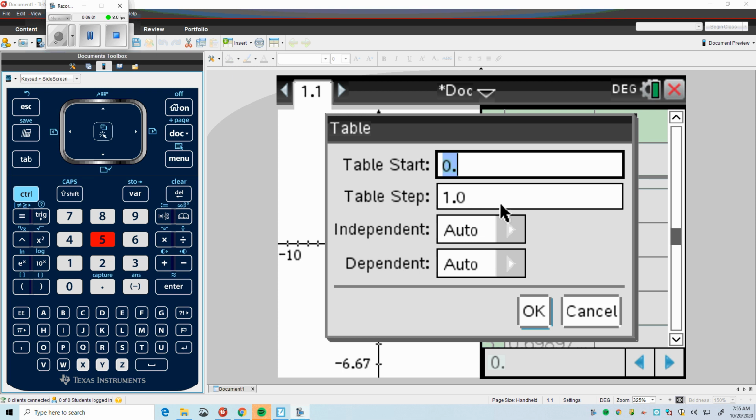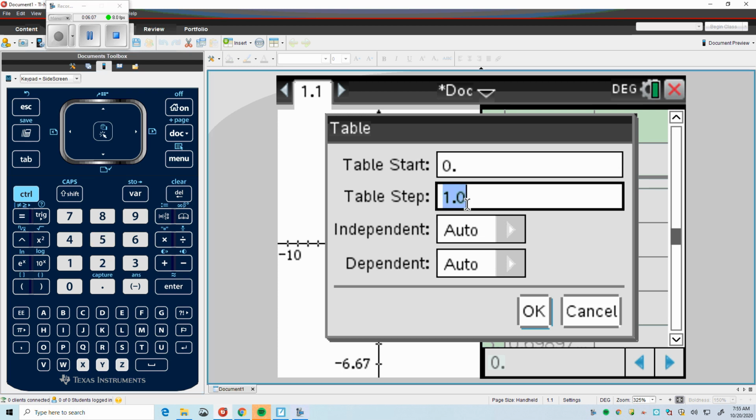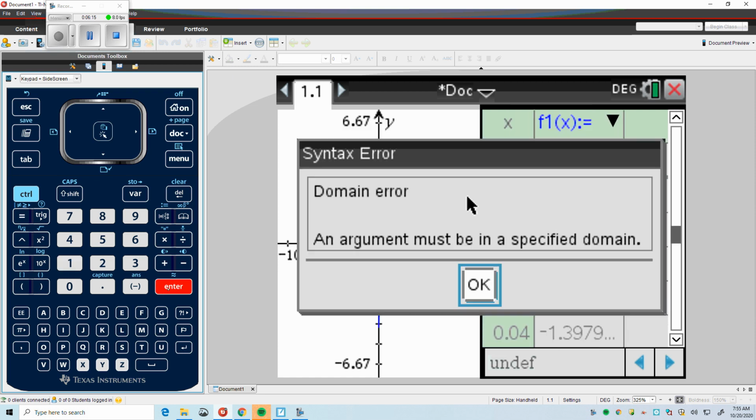I'm going to just change the table. It says table step. I can change this to a different value. So instead of having it go by integer values, I'm going to change it just to be 0.01. And I'm going to say OK.